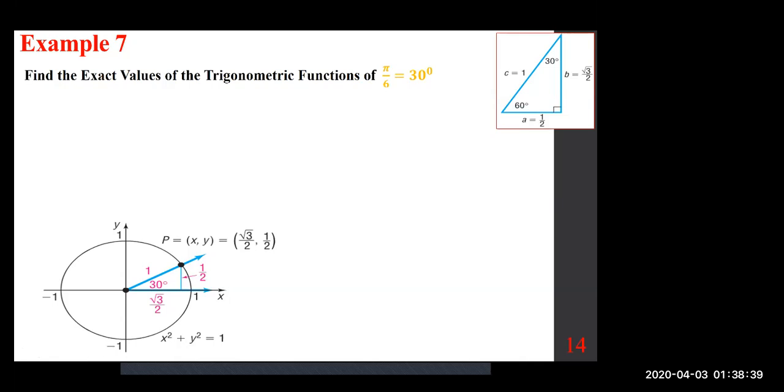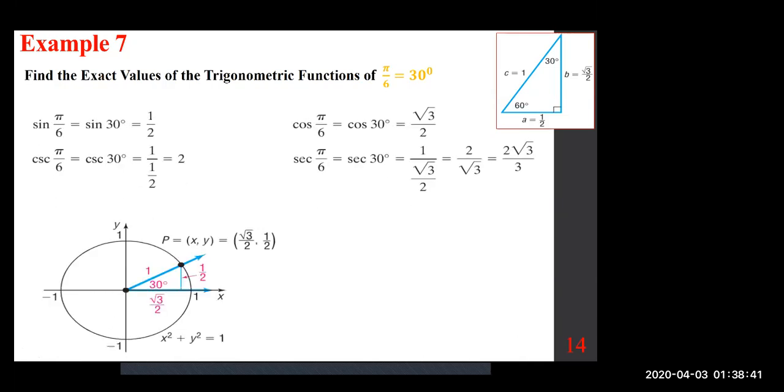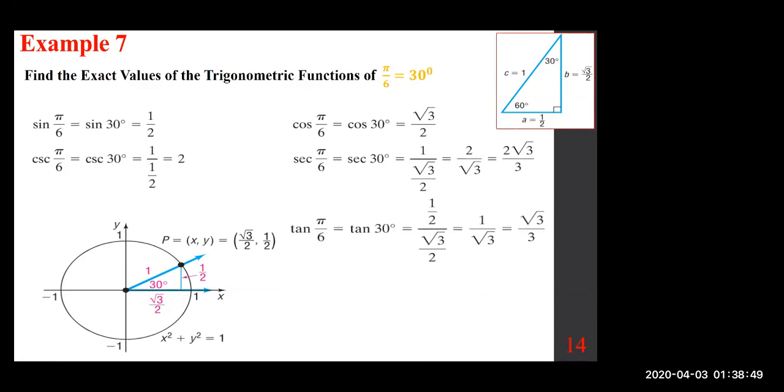Sine is 1/2, cosine is square root of 3/2, and you can figure out that cosecant and secant are the reciprocals, and tangent is sine over cosine. Cotangent flips over. So those are the values. And again, we really should know them. At the very least, the first three, sine, cosine, and tangent, we can figure out the rest.